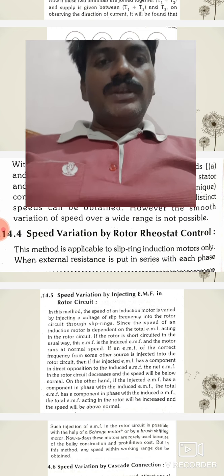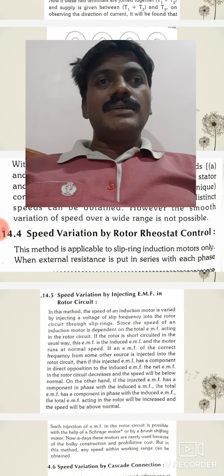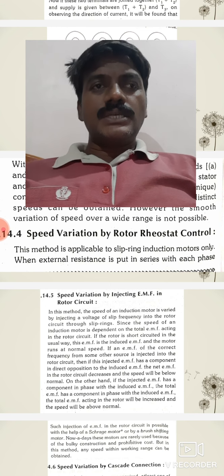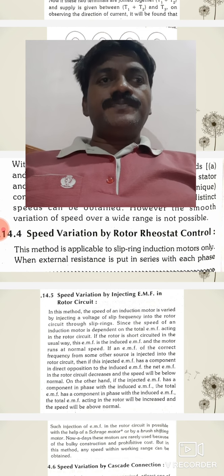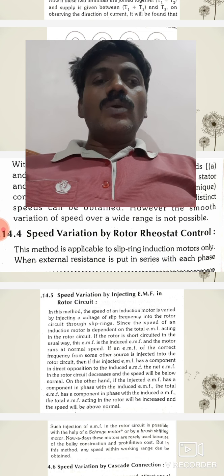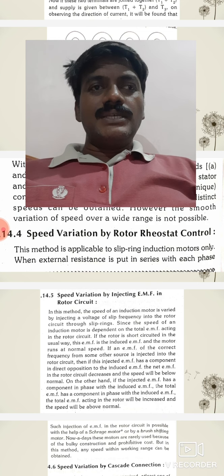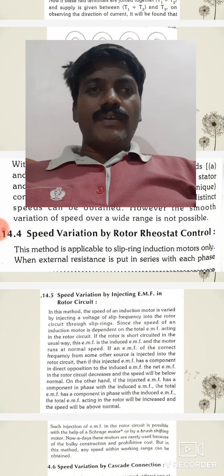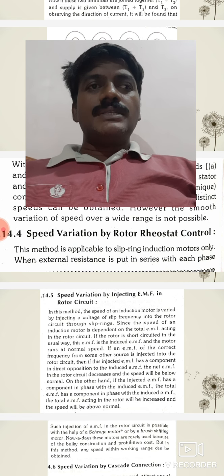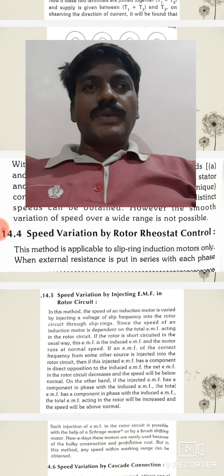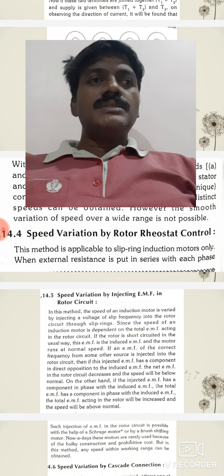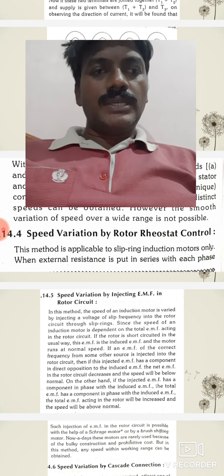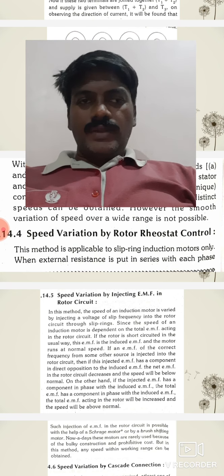The main disadvantage of this method is that with an increase in rotor resistance, the rotor copper losses also increase, which decreases the efficiency of the motor. In fact, the loss is directly proportional. Right, so very good point.